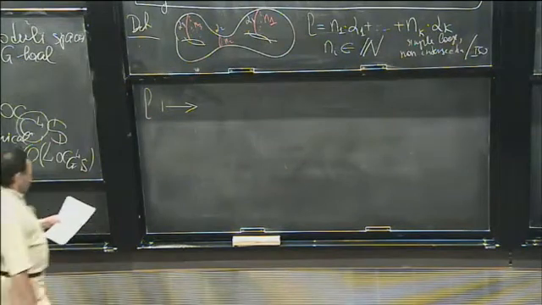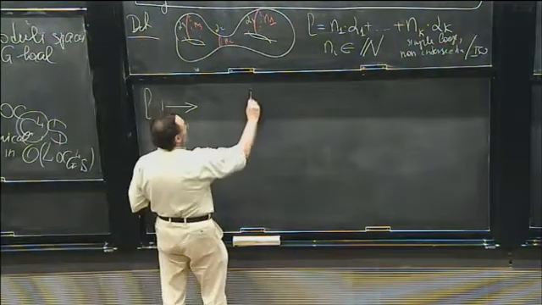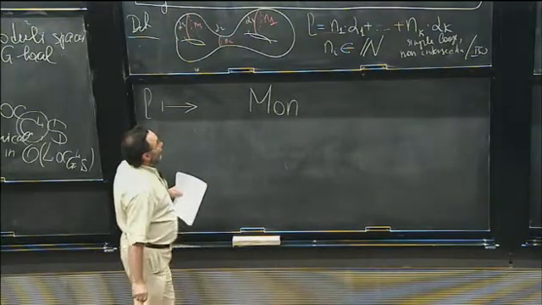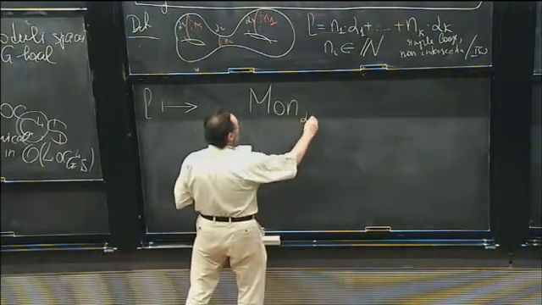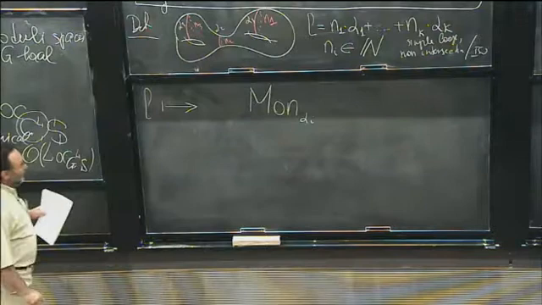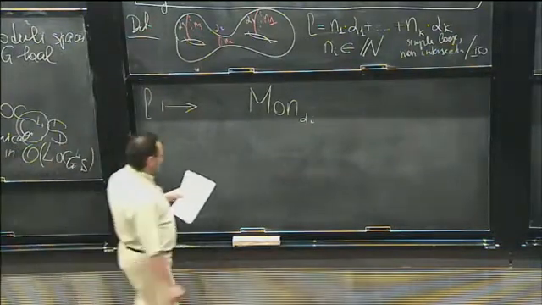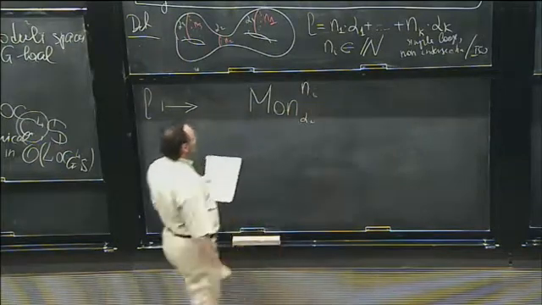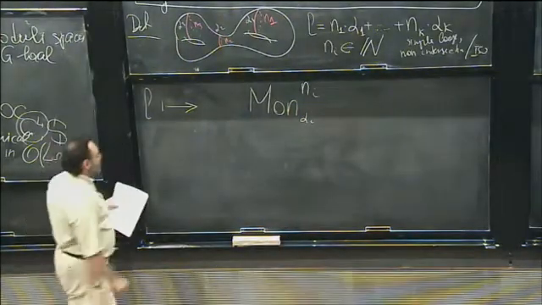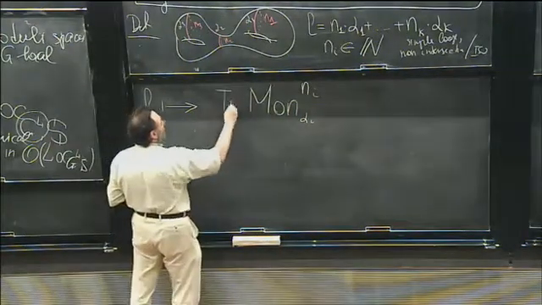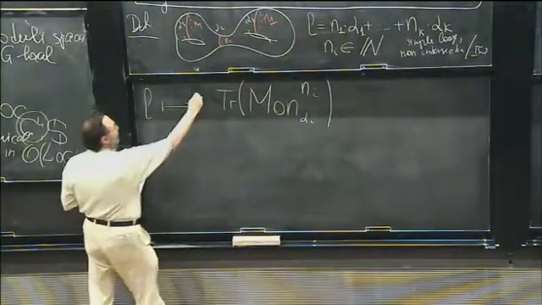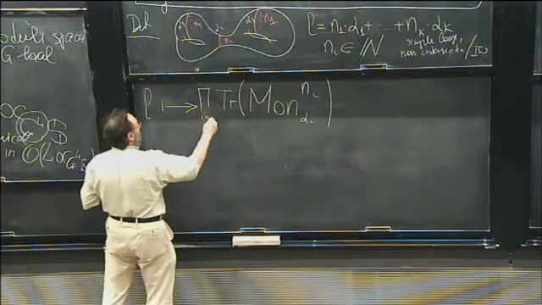In this case, you can take the monodromy of your local system around this loop alpha i. If you have multiplicity, you raise this monodromy to the power ni. Then to get a number, you take the trace of this. And if you have many loops, you take a product when i goes from 1 to k.